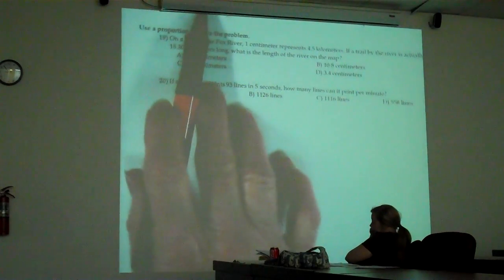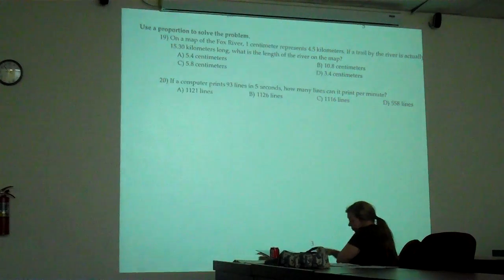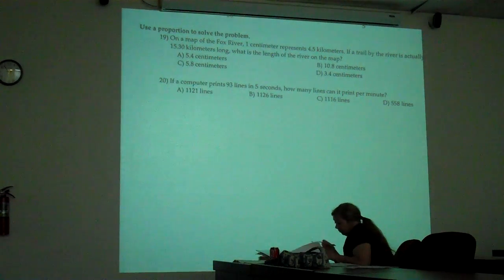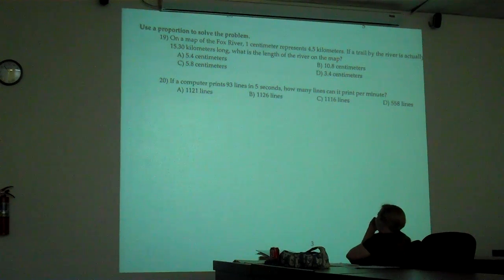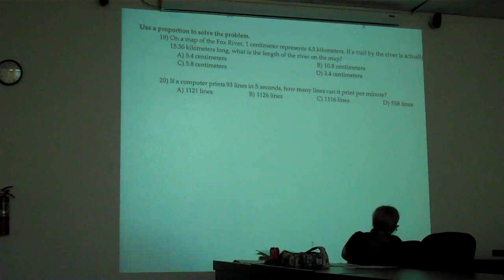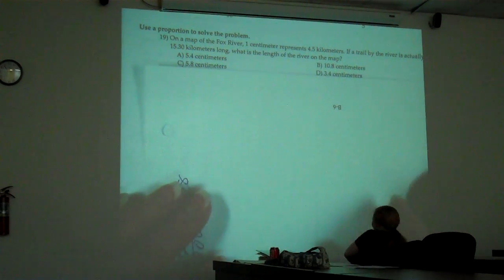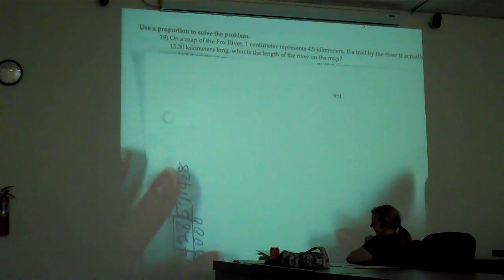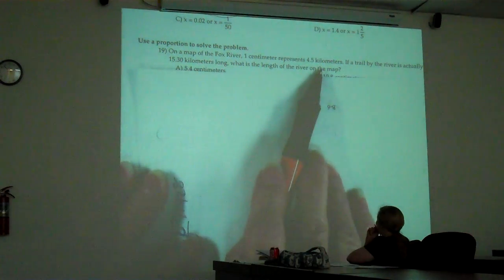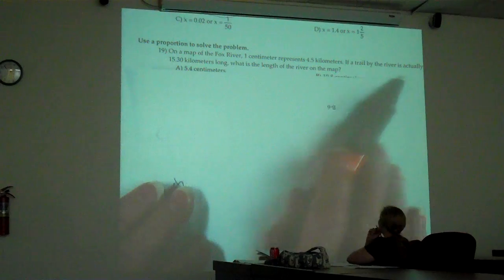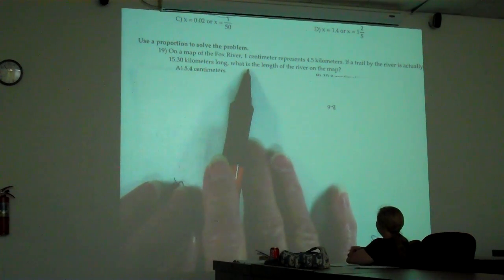That would have been this one right here, A. 19. Oh my God, we have words and numbers. What are we going to do? Skip it? No, we're not. On a map of the Fox River, 1 centimeter represents 4.5 kilometers. If the trail by a river is actually this many kilometers, what's the length of the river?